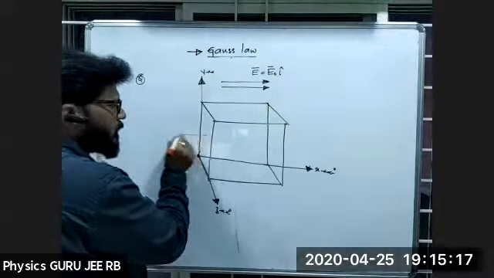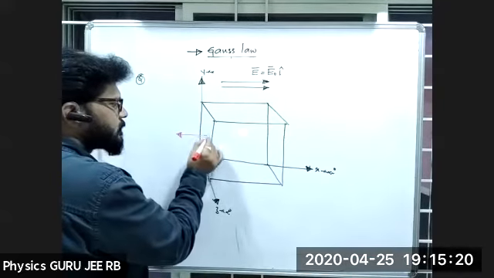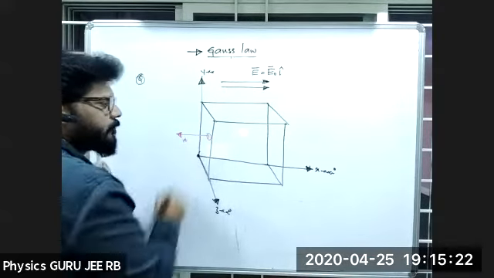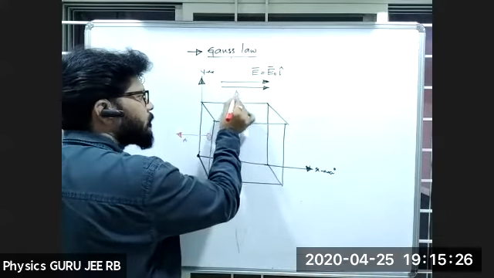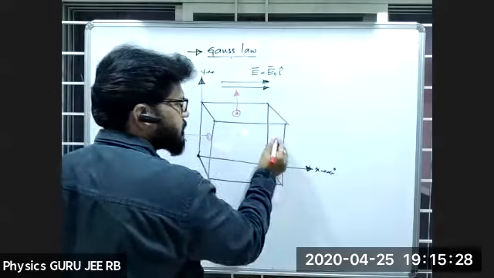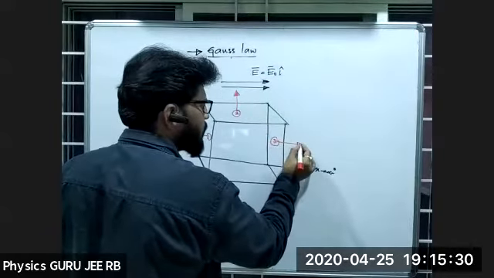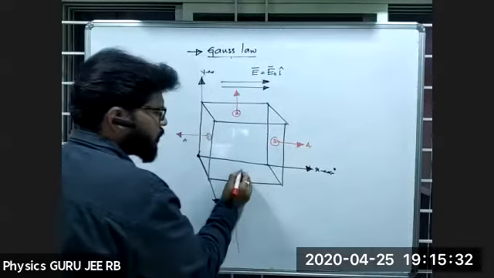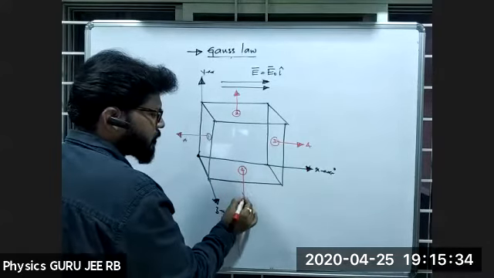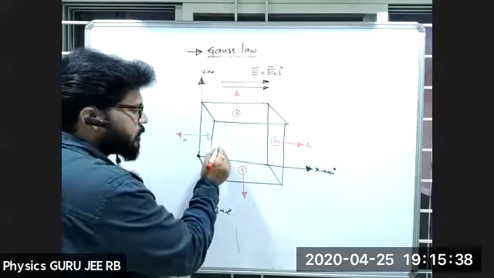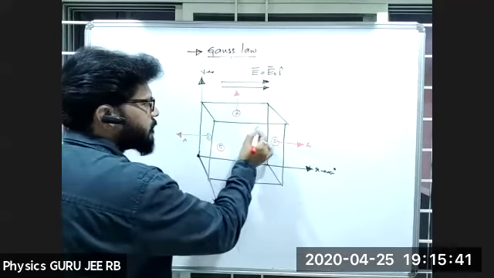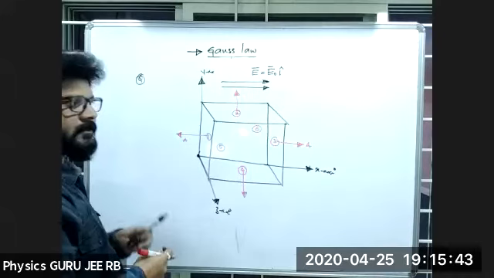Here, you can draw the area vector. This is the first surface area vector A. Second surface, area vector outward normal. Third surface, area vector outward normal. And fourth surface, area vector outward normal. If I take this as the fifth surface, the backside is the sixth surface.